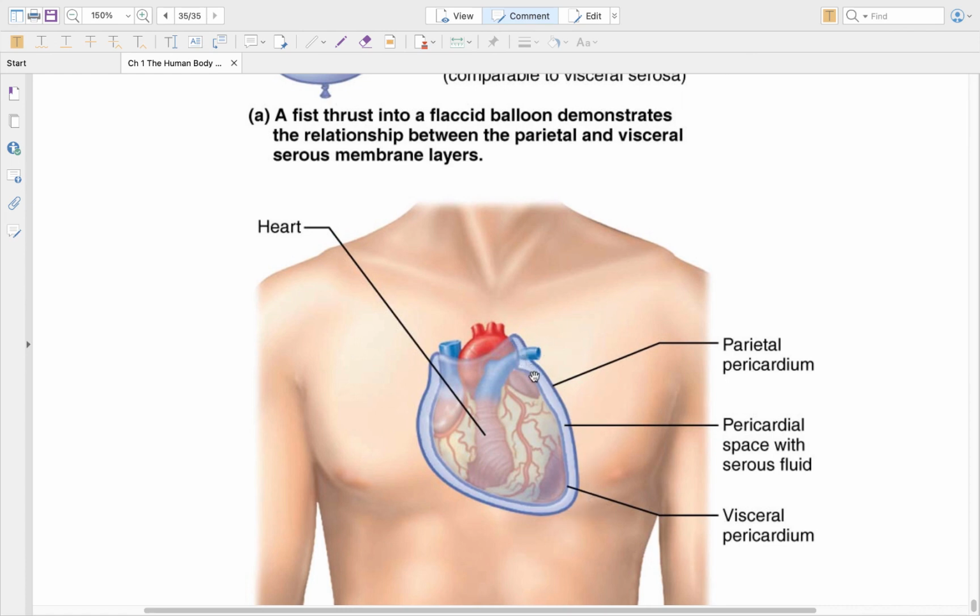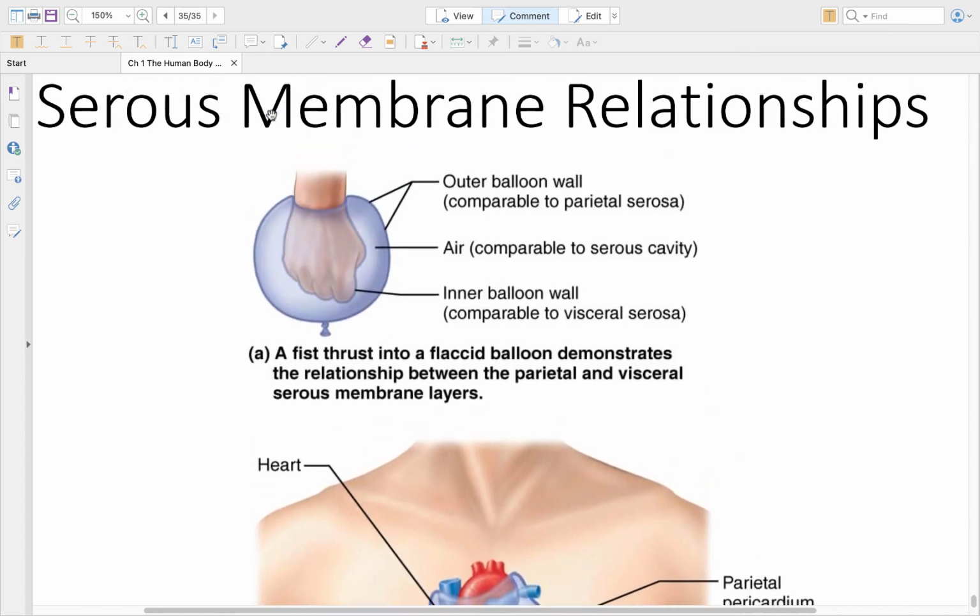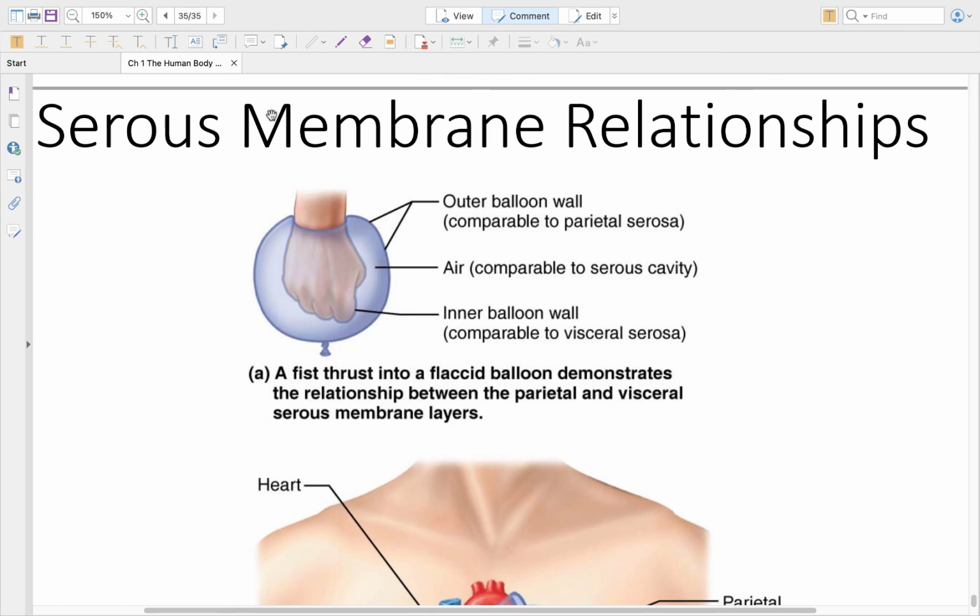So this is the pericardium. There's a space called the pericardial space that has serous fluid. And then it has the visceral pericardium that's actually touching the heart. So notice this one is touching the heart. This is the space with fluid, and this is touching the cavity. All right, and so the example that's utilized pretty often is taking your fist and putting it into a balloon.